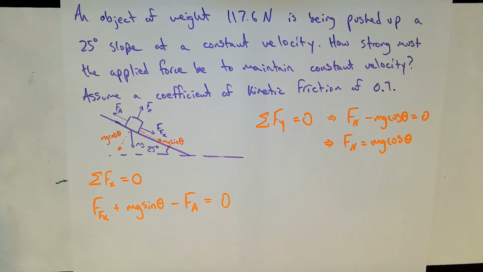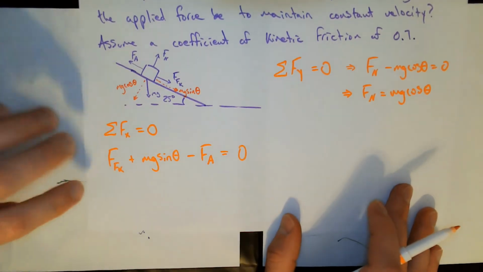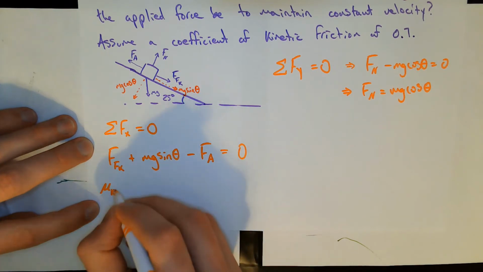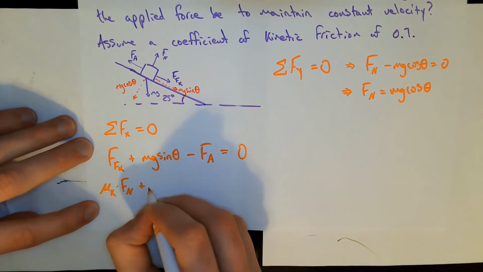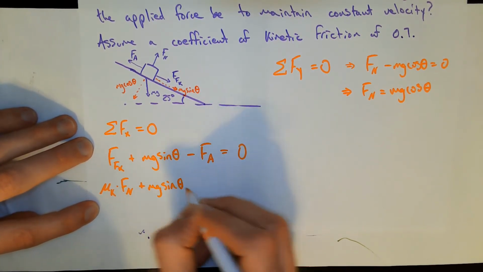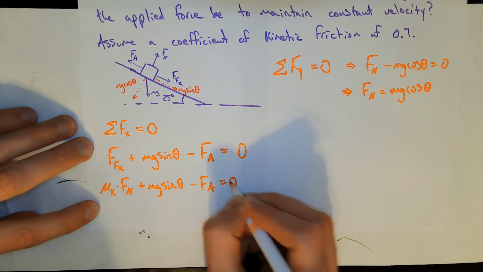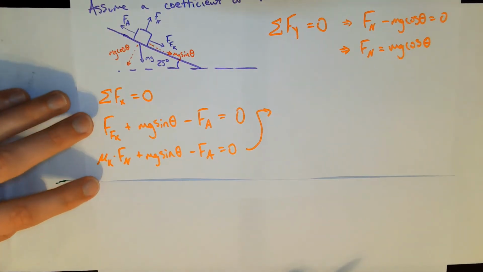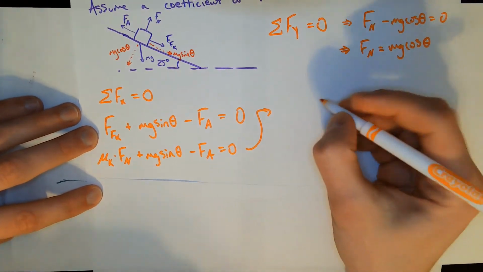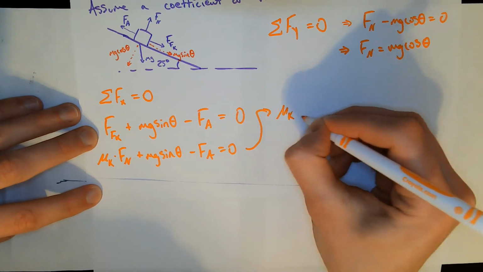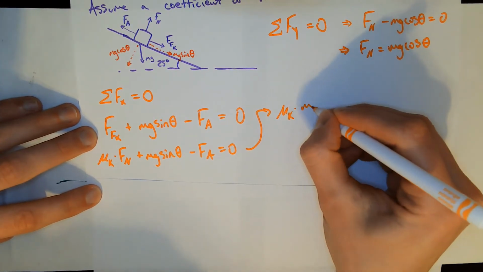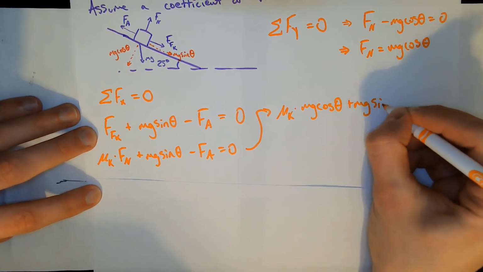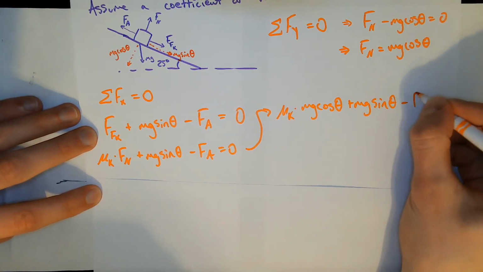All right, let's go ahead and use what I know about my friction force, that it should be mu sub k times the normal force, and then plus mg sine theta minus F_A equals 0. And then I'll say that mu sub k times Fn, which is mg cosine theta, plus mg sine theta minus F_A is equal to 0.